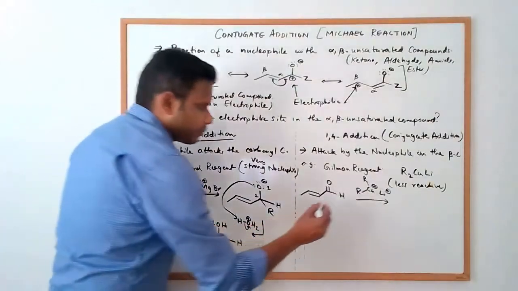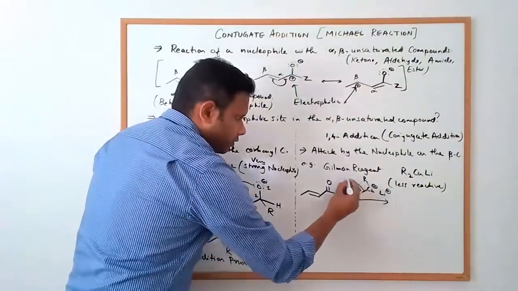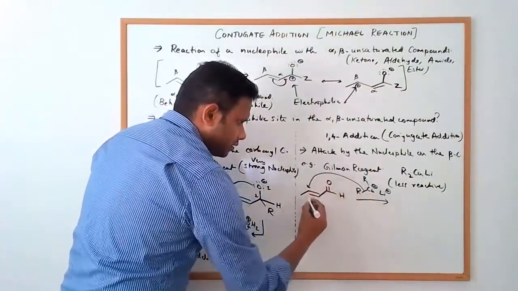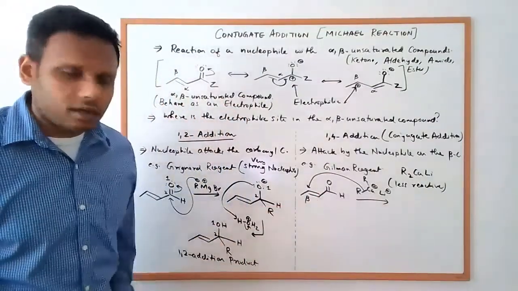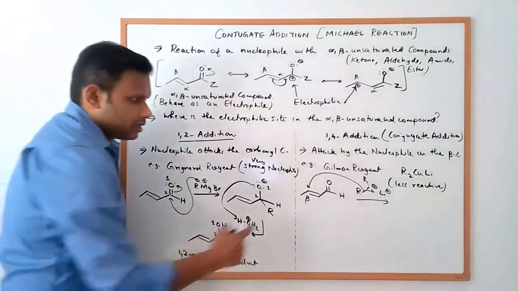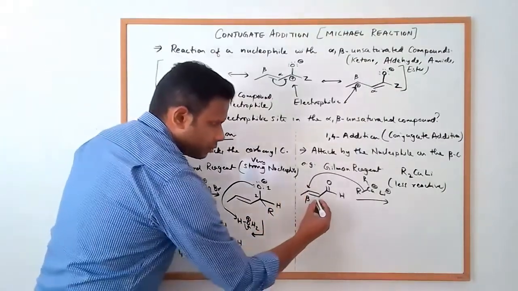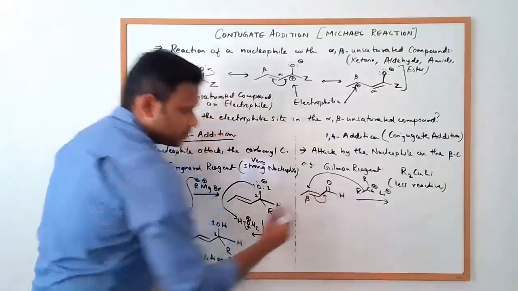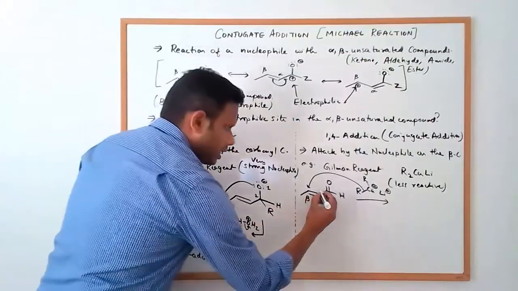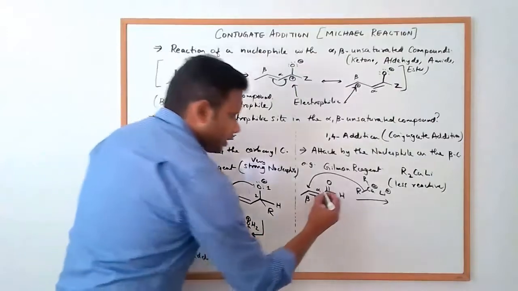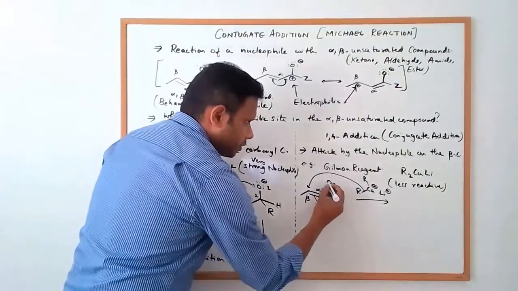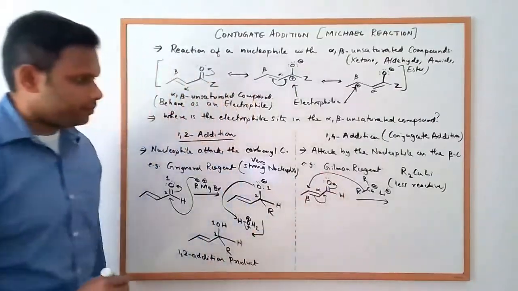Essentially the R group from here comes and attacks the beta carbon. When that attack happens, the pi bond opens up, goes into the space between the alpha carbon and the carbonyl carbon, and simultaneously the double bond here is pushed up.